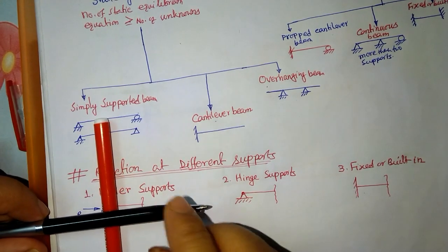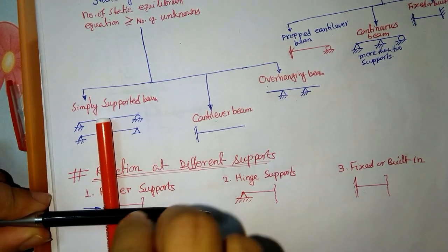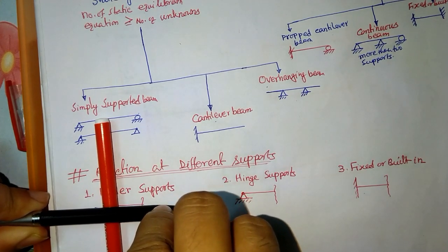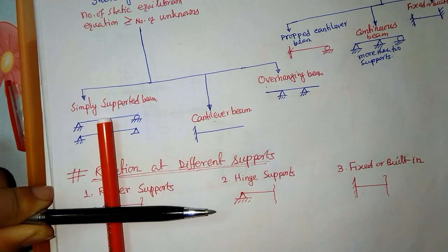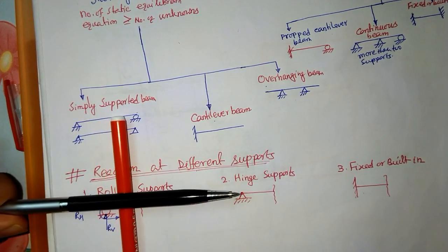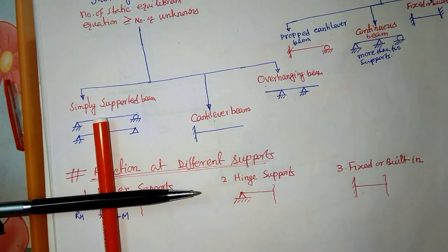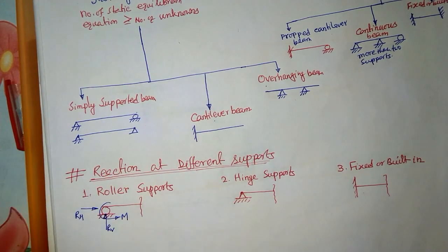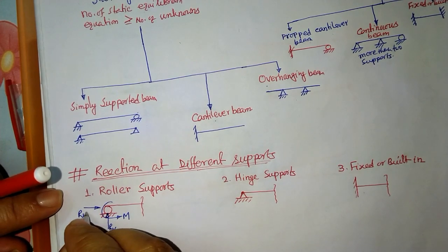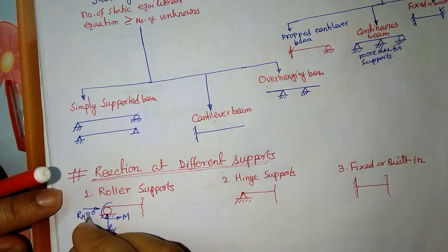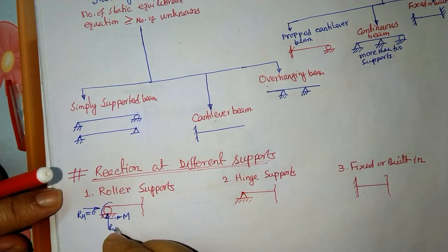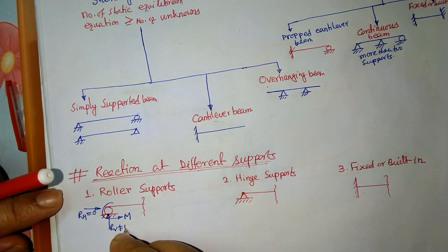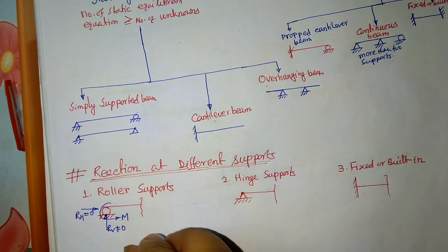Okay, so let's see. If we put a vertical force, it will react vertically, but if we put a horizontal force, it is not resisting the horizontal force, it is moving. So we can say that our horizontal reaction is 0, and vertical reaction is not equal to 0, because we will get some vertical reaction.